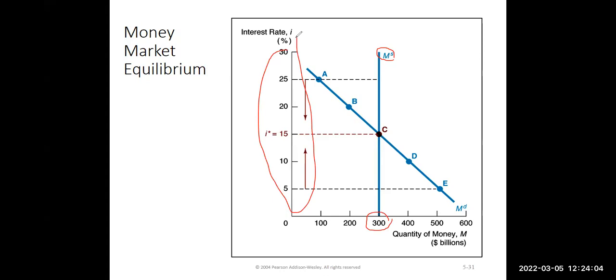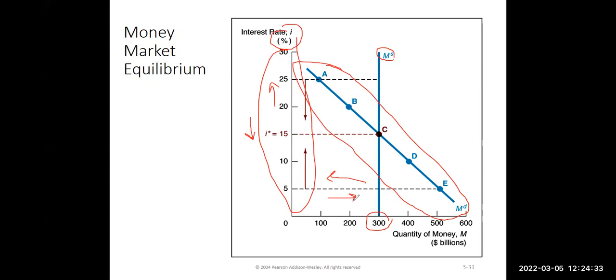Yes, sir. Good. And what about the demand for money? It has a negative relationship with the interest rate. If the interest rate goes up, the demand for money goes down. If the interest rate goes down, the demand for money goes up, right?